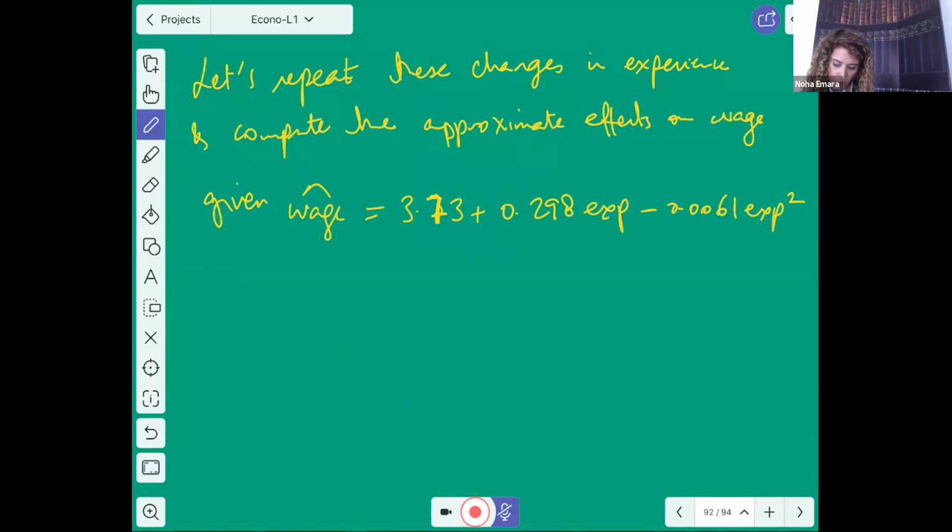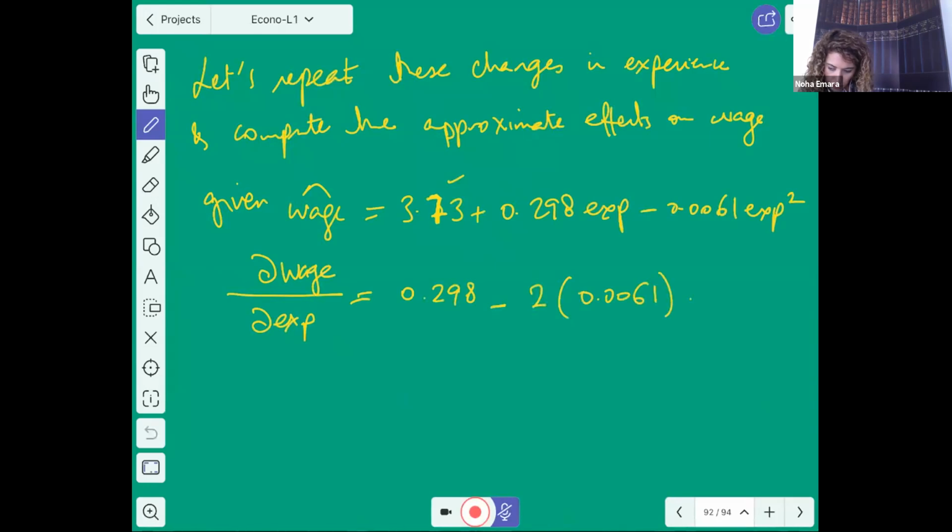Now I want to get the first derivative of this function with respect to experience, as you do in math. The constant, just ignore it, and we get 0.298 minus 2 times 0.0061 experience.